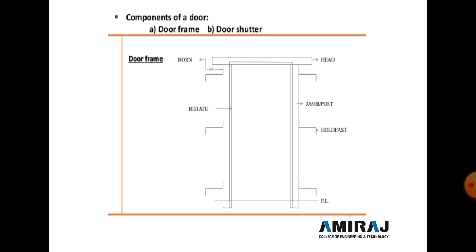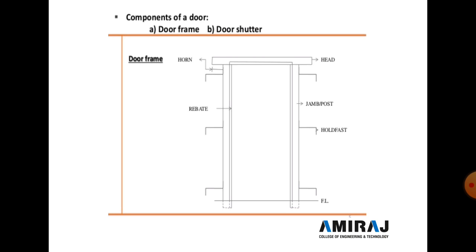First, the head. What is the head? The top or uppermost horizontal part of the frame is called the head. Now the second technical term is the horn. What is a horn? A horn is a horizontal projection of the frame.